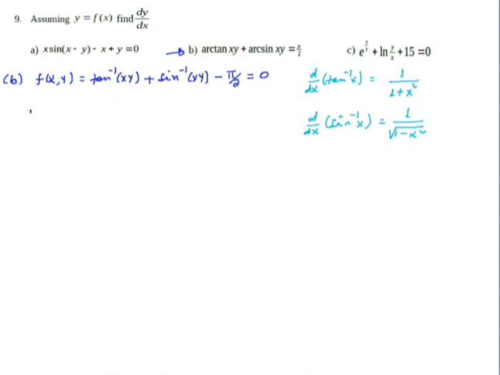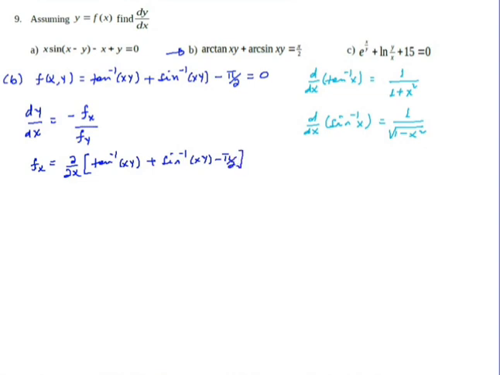So for now let me show you dy by dx. dy by dx becomes the negative of the partial derivative of f with respect to x over the partial derivative of f with respect to y. So what is f with respect to x? It is the partial derivative of tan inverse of xy plus sine inverse of xy minus pi over 2.